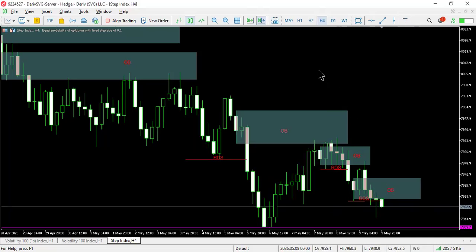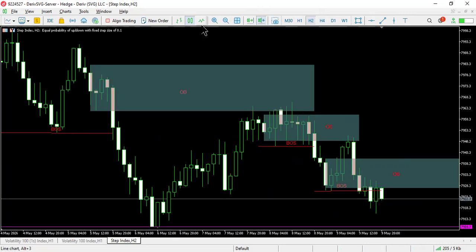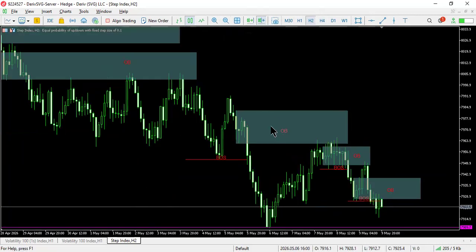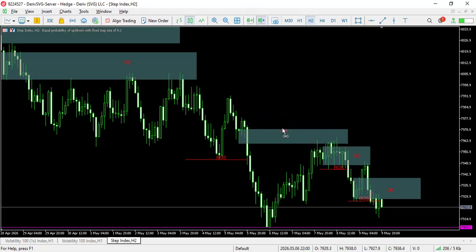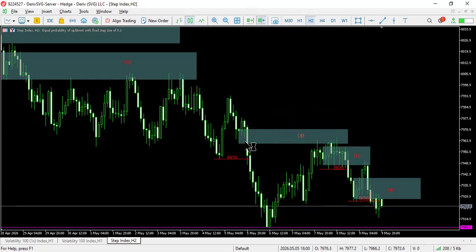Heading over to the 2 hours time frame. From the 2 hours time frame, if we are to adjust our order blocks, the first one is going to be at that level where we got a break of structure right at this level, which is the general break of structure, and then we have an internal break of structure.